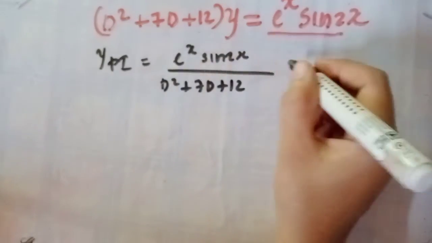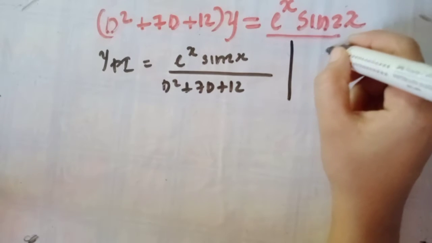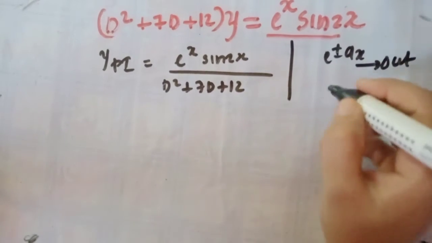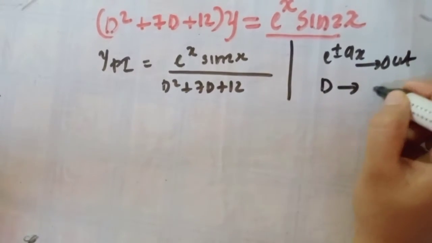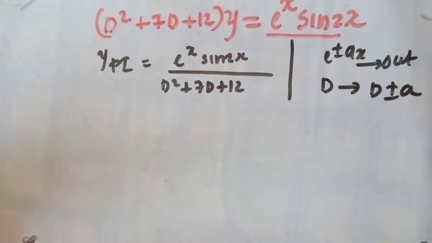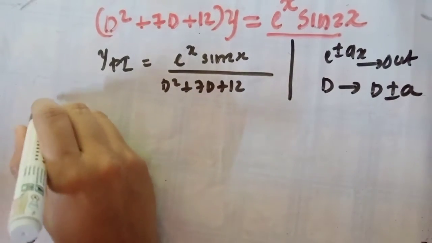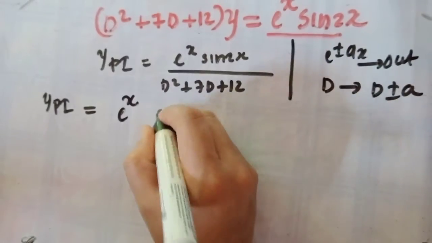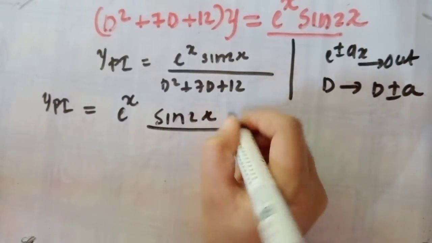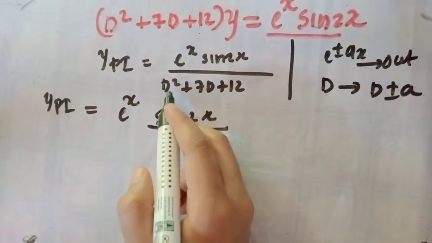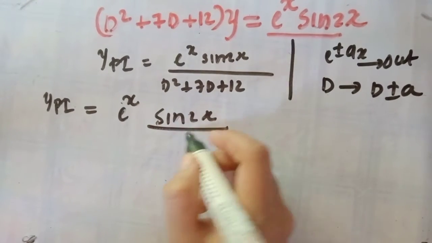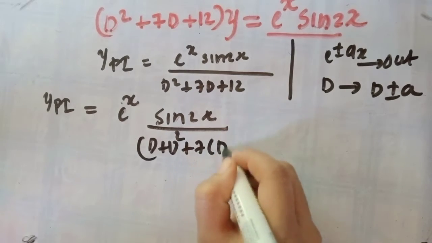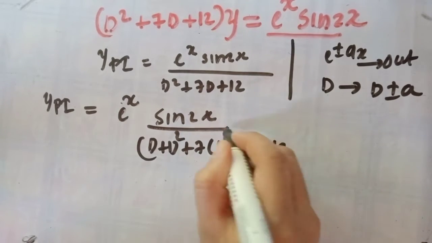Here, for the e raised to x f of x term, the method is to take e raised to plus or minus ax outside and replace D with D plus or minus a. So y particular integral equals e raised to x taken outside, and sine 2x divided by D plus 1 all square plus 7 into D plus 1 plus 12.